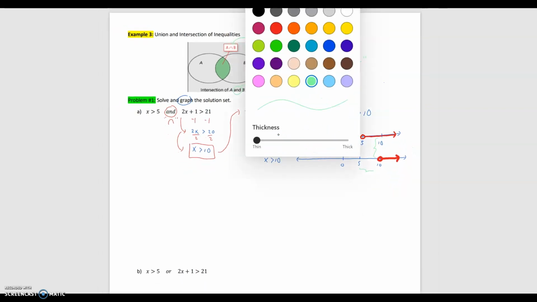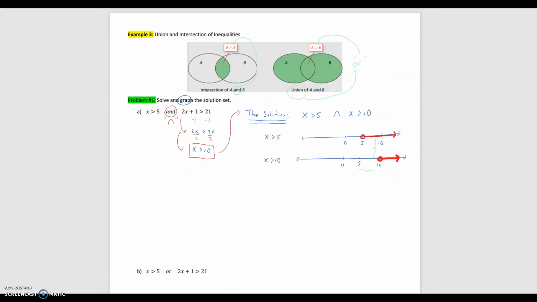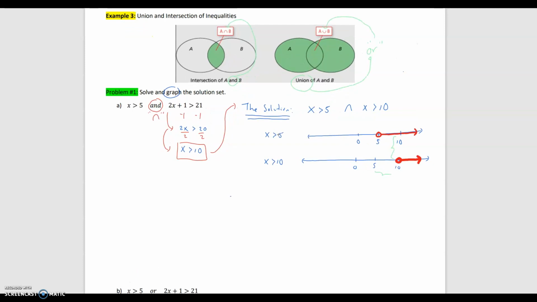So for the intersection, in this case, our main solution could be expressed as x is greater than 10. That is the solution to the intersection. It's just these values.